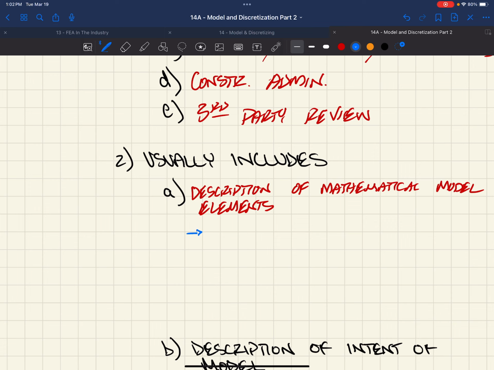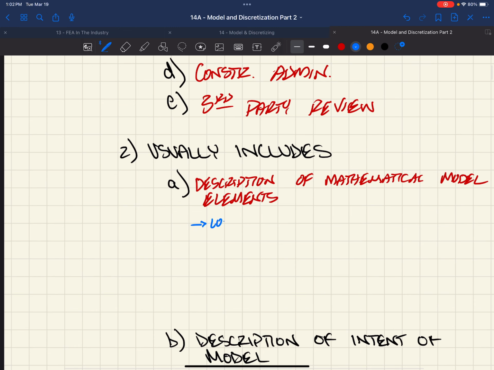So as part of the description of our mathematical model elements, there are all sorts of parts of our model that are our attempt to model our mathematical model. Some of those come from loads. There might be special sources to these loads.